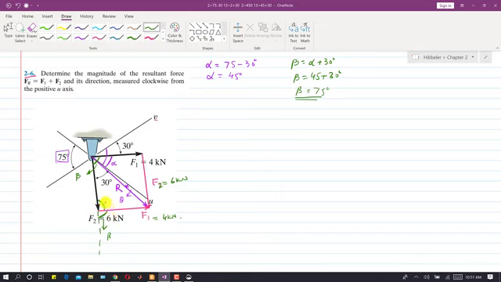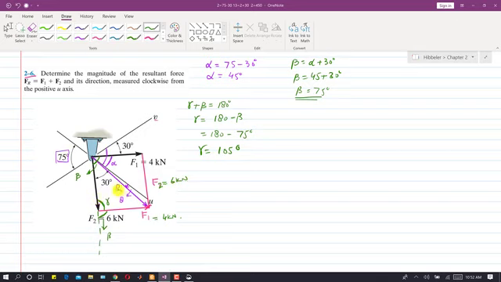Let's suppose this is gamma angle. So gamma plus beta will be equal to 180 degrees, and we need to determine this gamma. So 180 minus 75 degrees gives us 105 degrees. So gamma is 105 degrees, and it is the angle between F2 and F1.